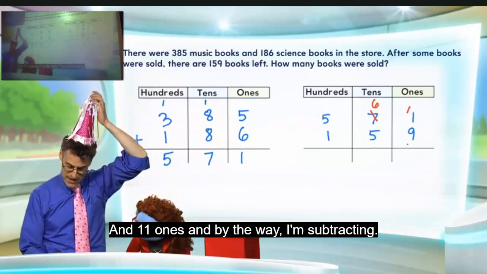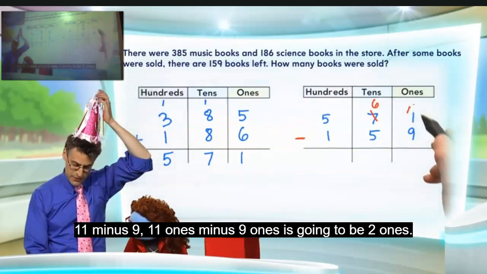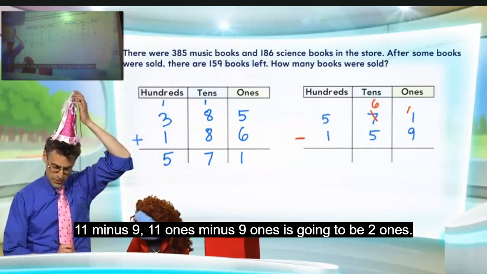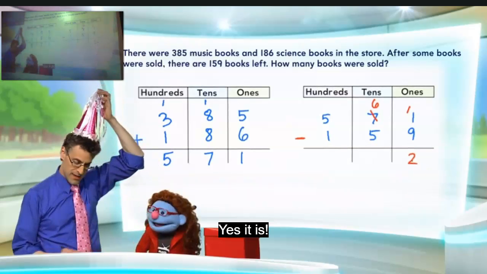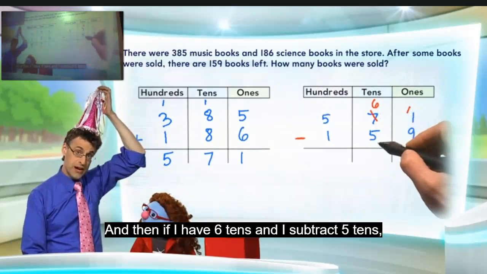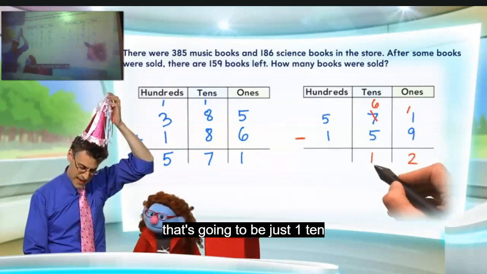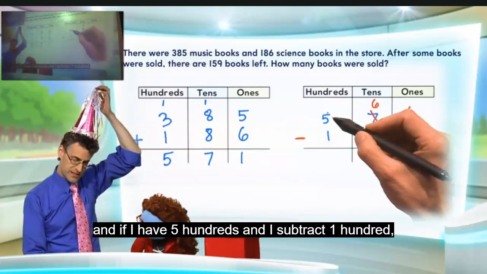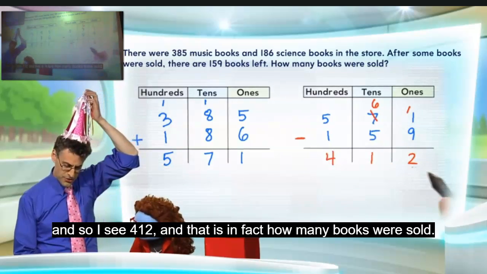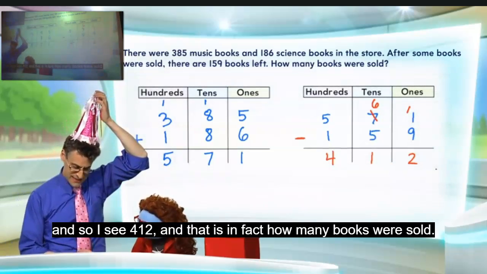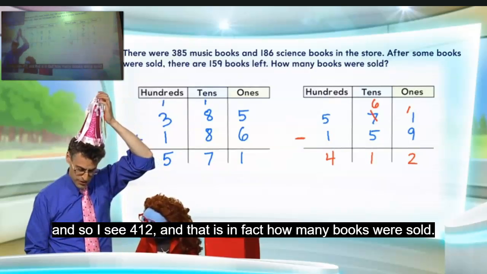Yes. 11 ones minus, and by the way, I'm subtracting. 11 minus 9, 11 ones minus 9 ones is going to be 2 ones. Yes, it is. And then if I have 6 tens and I subtract 5 tens, that's going to be just 1 ten. And if I have 5 hundreds and I subtract 100, that's going to leave me with 400. And so I see 412, and that is, in fact, how many books were sold.